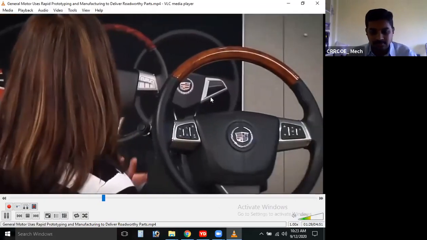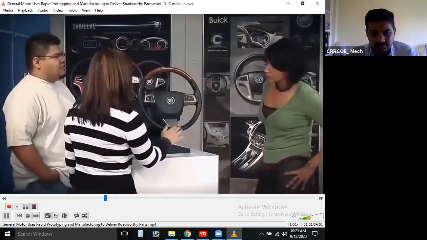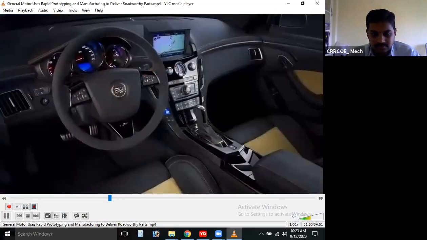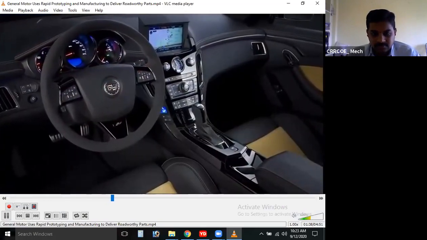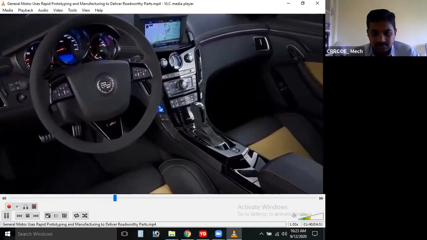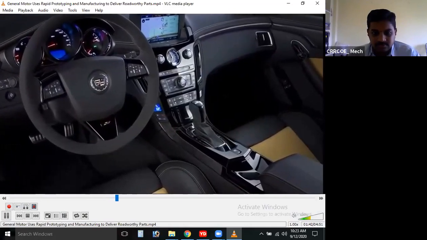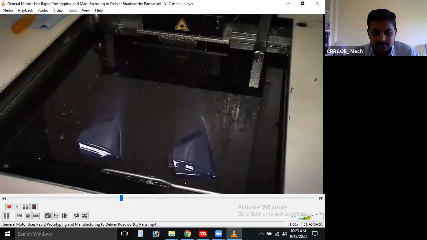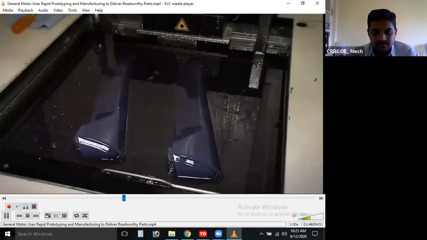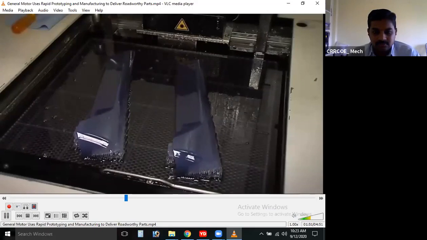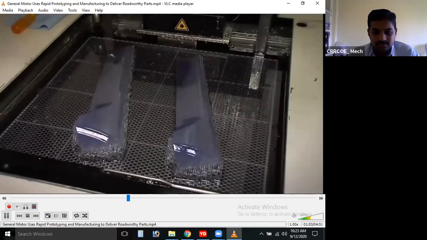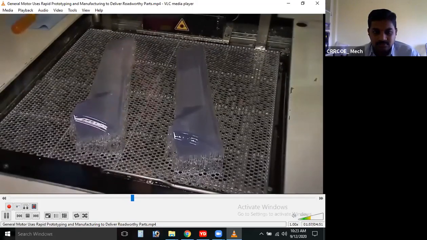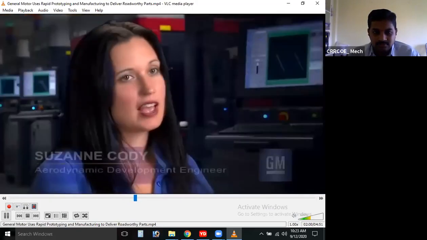At a studio level, it gives us a sense of the final design because of its speed, its accuracy. Some of the benefits above that is being able to fit various components together and understand part-to-part interfaces. Rapid prototyping has enabled us to elevate the quality and craftsmanship of our components, and that is ultimately the goal in designing world-class interiors. Rapid prototyping is very important in aerodynamics.